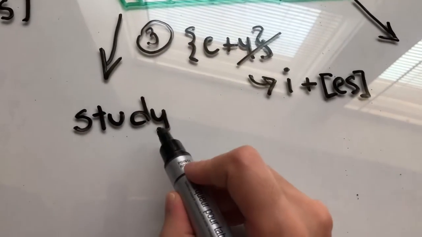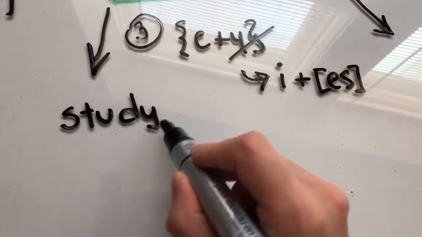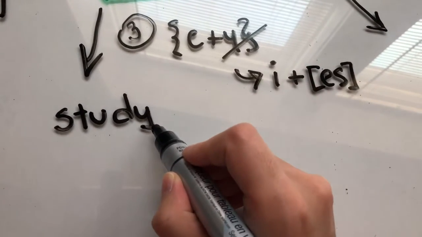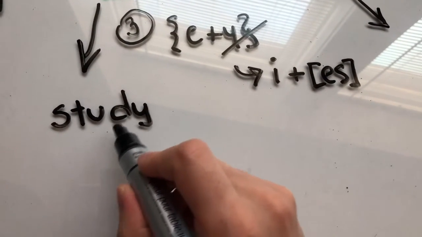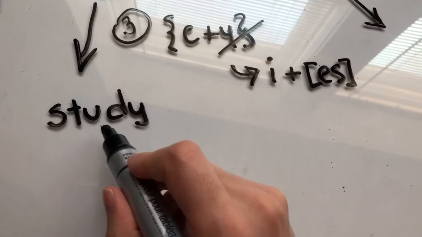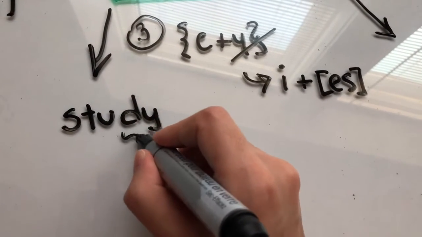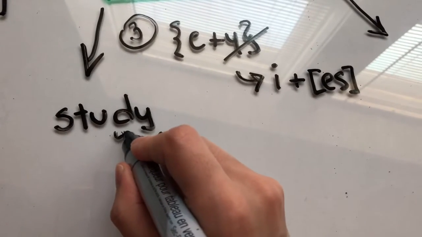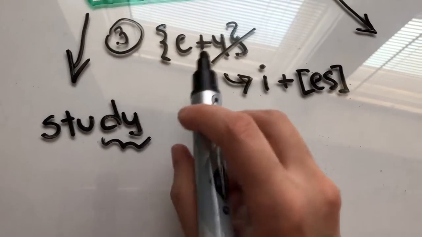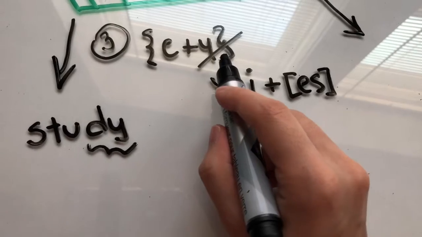Study. Do you see y? Yes. Before y comes the consonant d. D is a consonant. Here is a combination, a consonant and y.